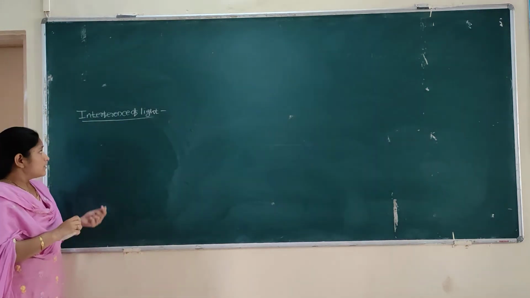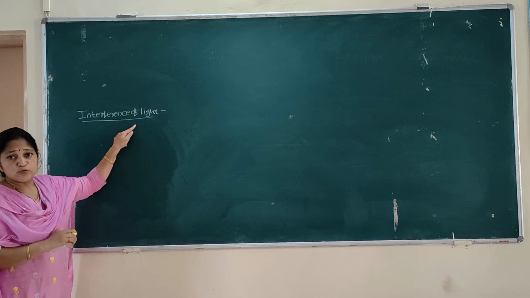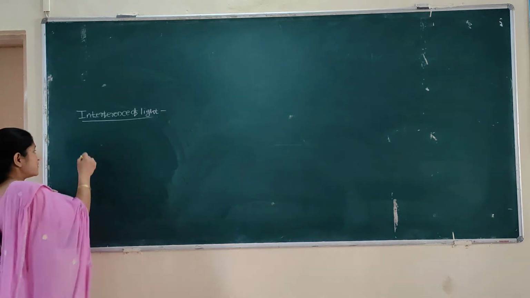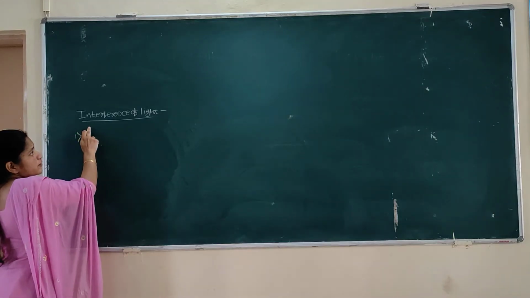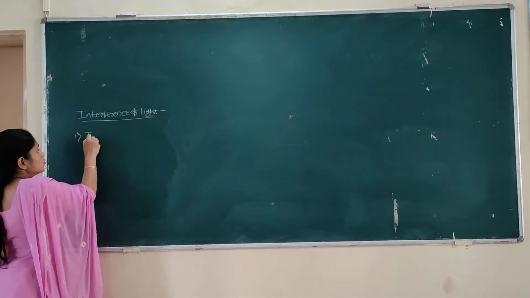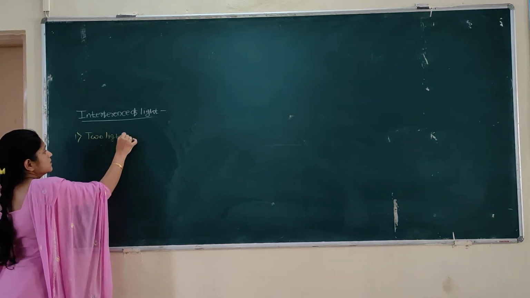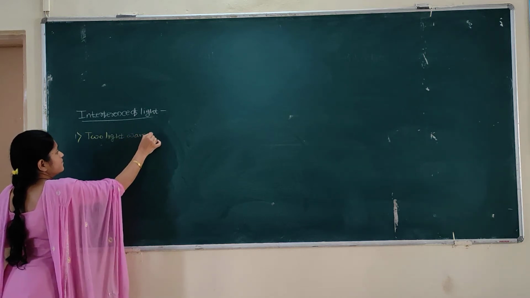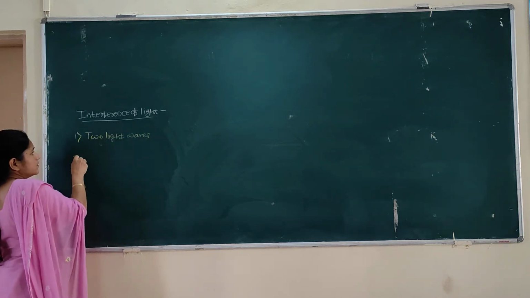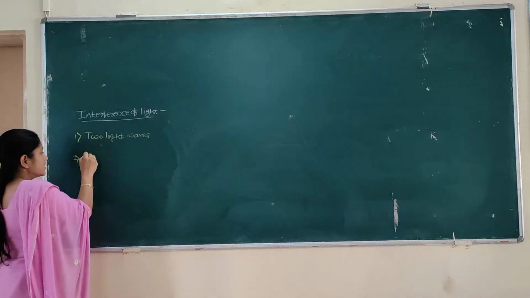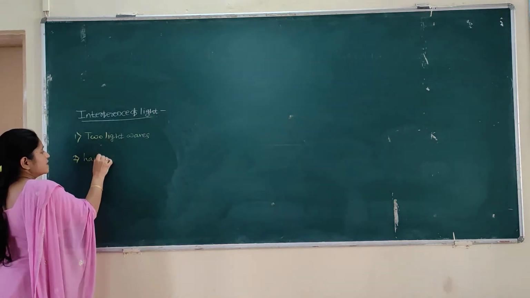For interference of light, 2-3 things are required. First, 2 light waves are required. Second, the 2 light waves have the same frequency.